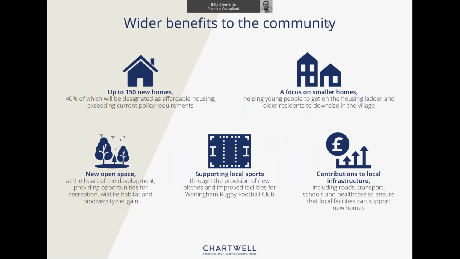Thank you, Joseph. Just finally from me, to sum up and draw a few strands together as to what are the benefits of the proposals that Chartwell have for Shelton Green. Obviously the first, as Steve mentioned, is that the proposals are for approximately 150 new homes. Of those, 40% will be designated as affordable housing.